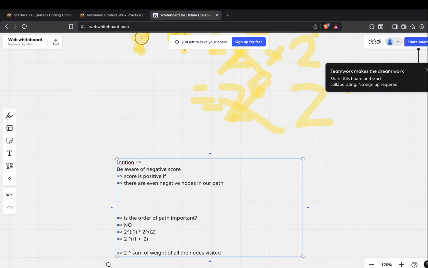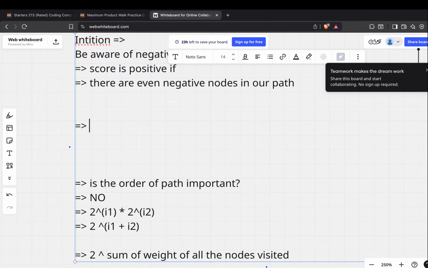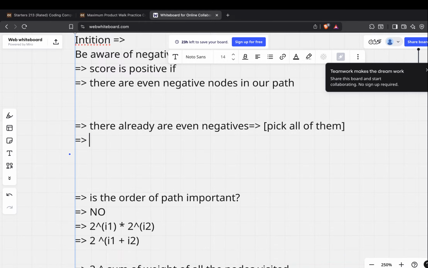Now, what are the two cases that come to your mind? First case is there already are even negatives. Pick all of them. All right. Why pick all of them? Because this increases our score, which is for sure positive.